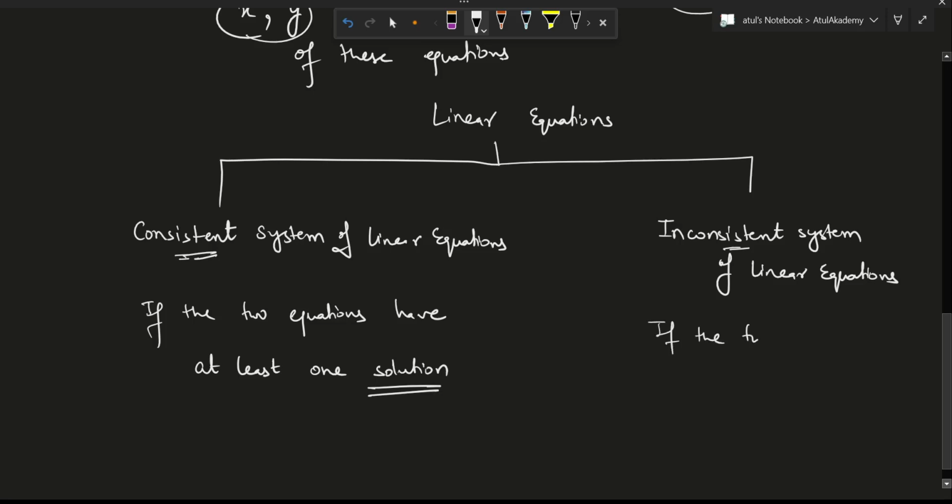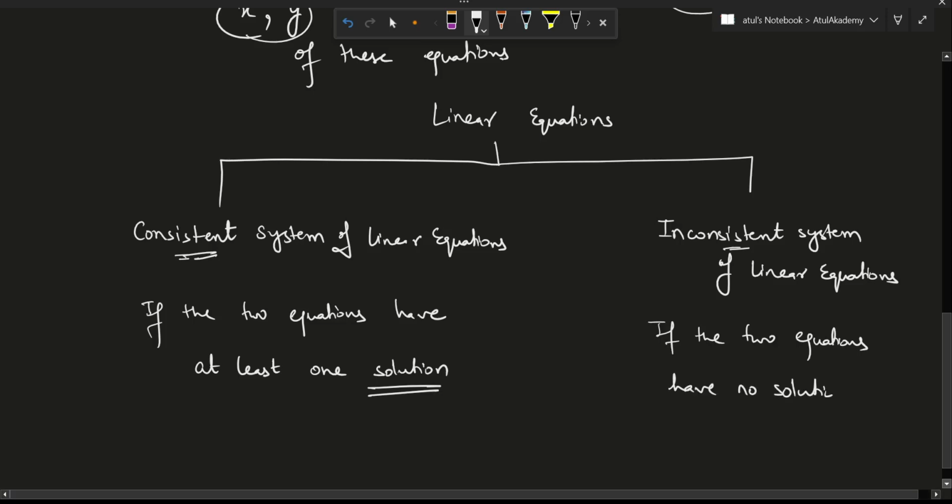If the two equations have no solution, they are said to be inconsistent. So consistent means at least one pair of x and y values which satisfy the two given equations, and if there is no solution, there is no value of x and y which will satisfy the given equations.